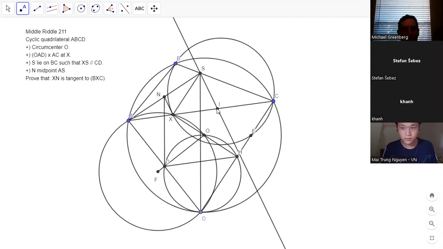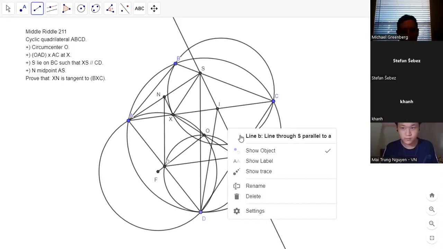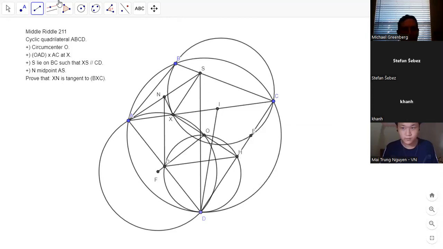So AX equals XI. Basically these triangles are homothetic. And so we want to show that this angle, SIA, equals XBC. Oh, that's kind of interesting. So we want to show angle SIA equals XBC.